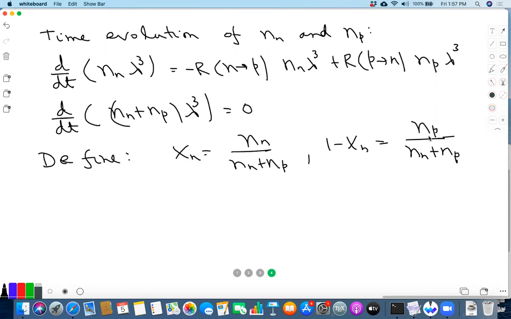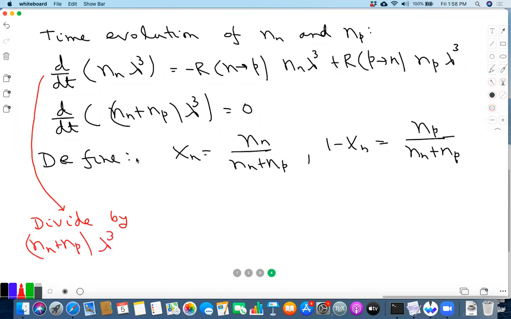And we'll try to derive an equation for xn. That's easily done. We simply take this equation over here and we divide by (Nn plus Np) lambda cube. Because this is constant, we can divide by this and take it inside the derivative, because it is constant anyway.